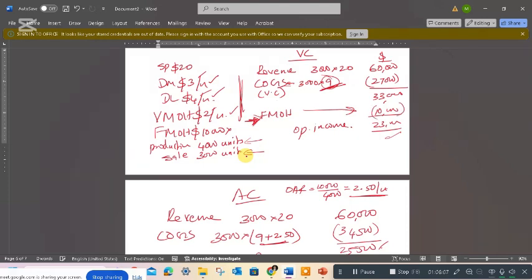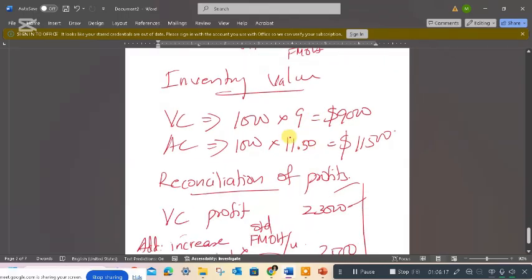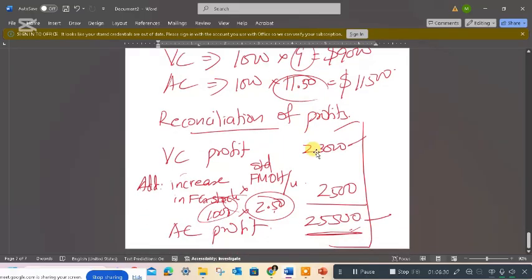Whereas in absorption costing, that fixed manufacturing overhead is also included within the cost of sales. Then valuation of inventory: for variable costing, only based on variable production cost. Absorption costing is based on full production cost, including fixed manufacturing overhead also. Then both profits can be reconciled using a format like this.